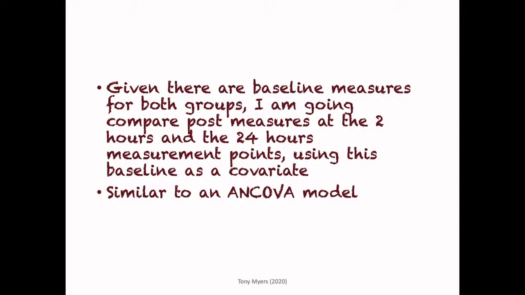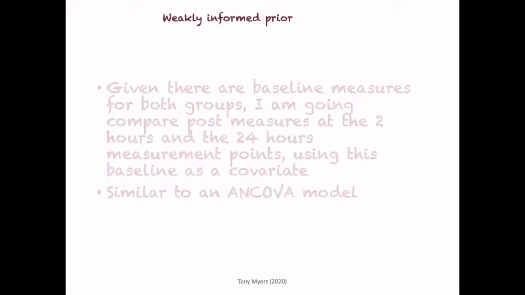So it's post measures conditional on baseline, adjusted for baseline. This is similar to an ANCOVA model and helps potentially avoid regression to the mean, particularly given that the treatment only affected the post measures, not the baseline measures. So the ANCOVA model seems to me an appropriate model.